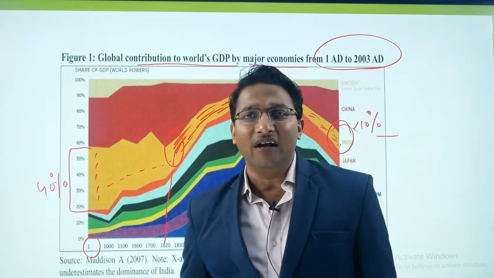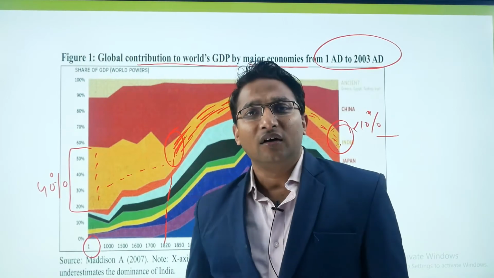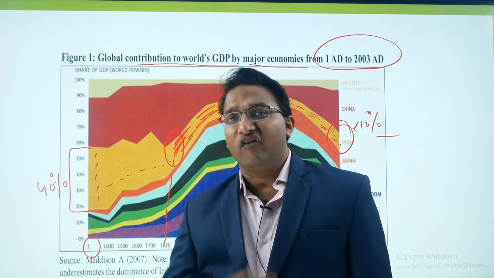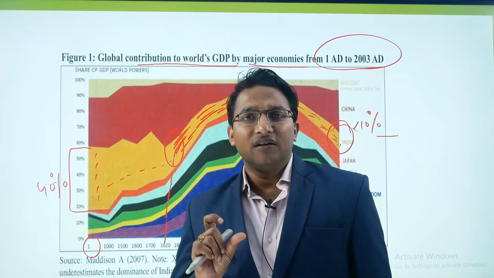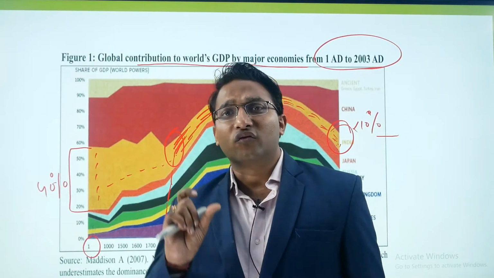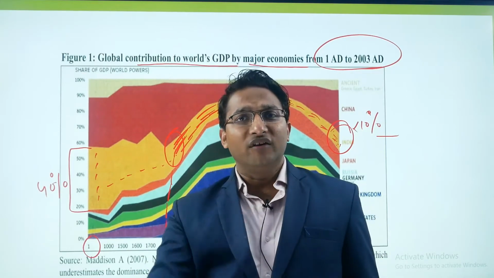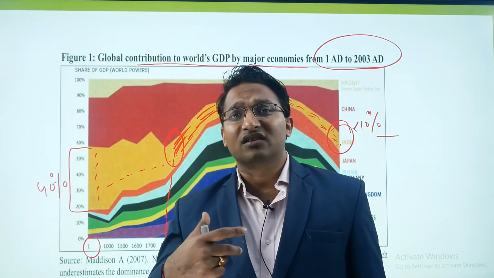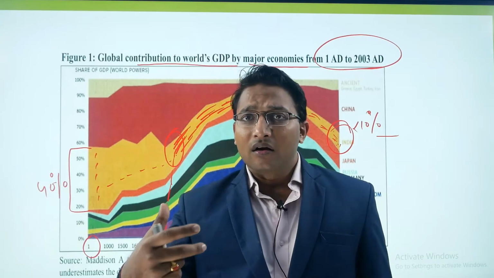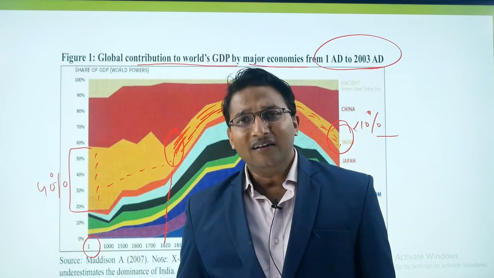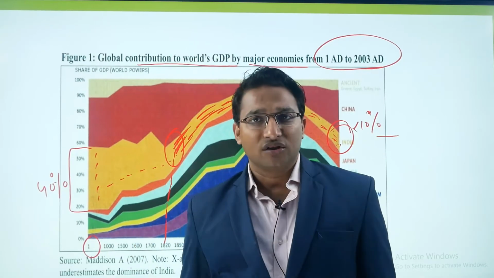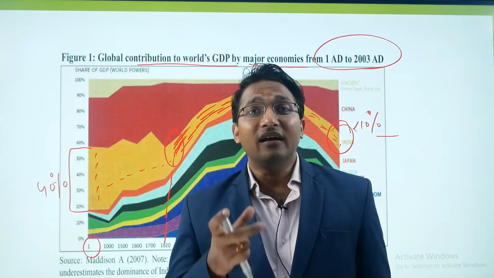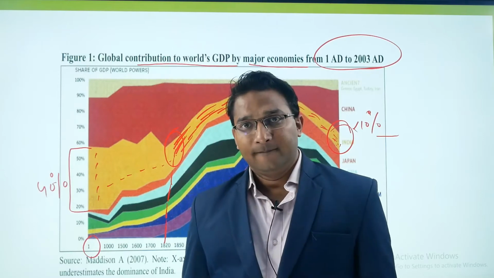What is the meaning of drain of wealth? That the economic policies of the British economy were formulated in such a way that they made India the supplier of raw material and importer of the finished goods. The value addition was done by countries like the UK, and they benefited from that value addition. They created the wealth, they created the jobs for their people, they earned a lot of profit.